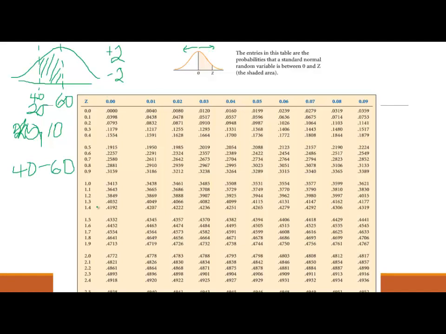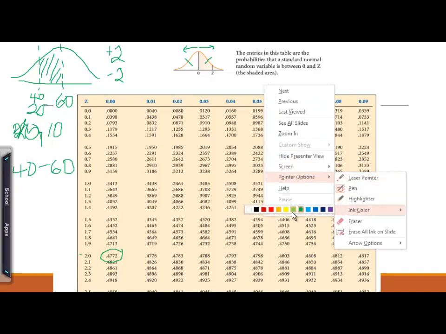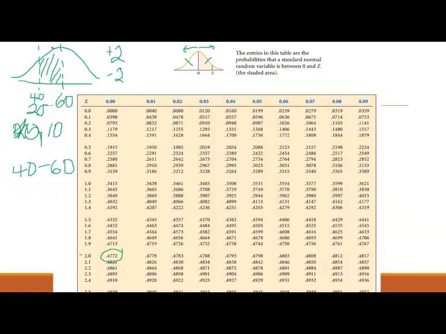So we still have to look at 2 standard deviations, except what we find now is not showing the right side. We are looking at the left side. We are looking at this side, okay? When we say minus 2 standard deviations, the area then that is between 40 and 60 is going to be 47%.